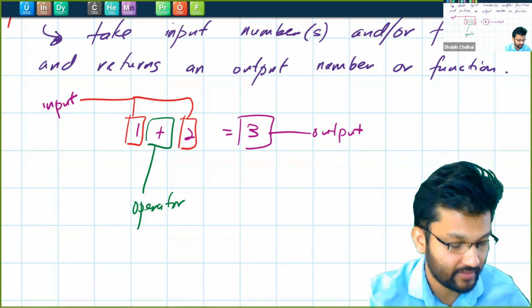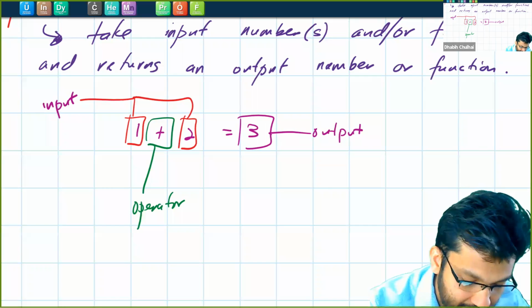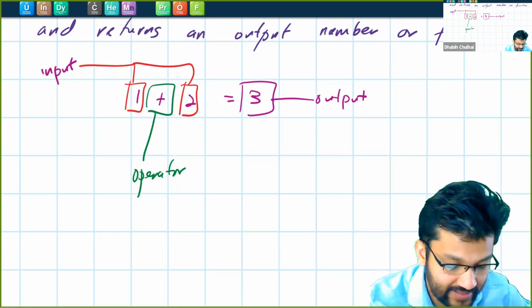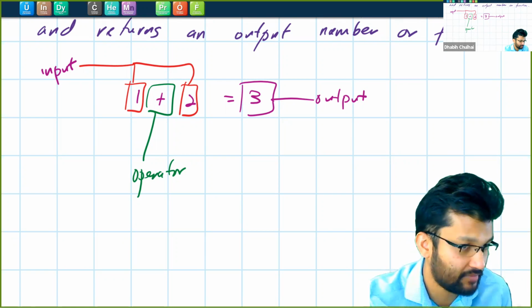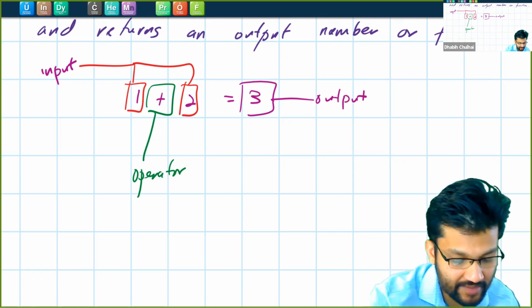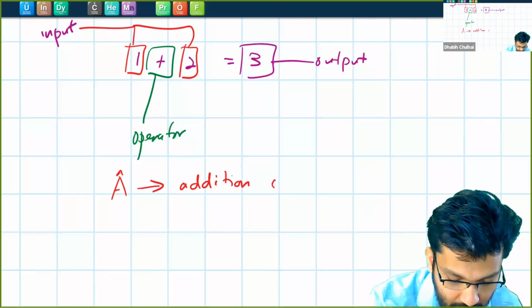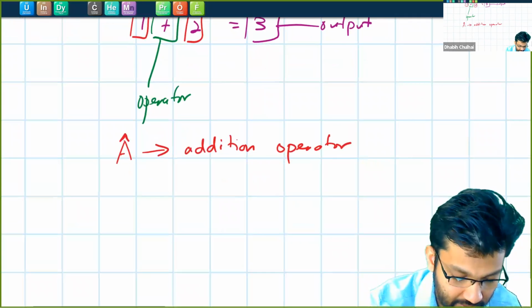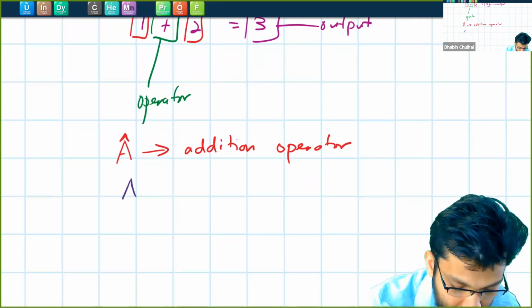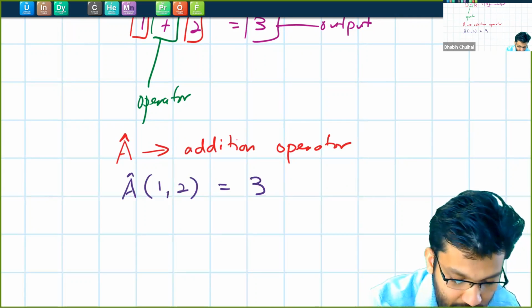Right? That's an operator. Now they could be more complex. For example, instead of writing it as a plus symbol, and we only write it as a plus symbol because we use this so often that we have a special symbol for it. But not all operators have a nice way to write it. So for example, we could call this symbol the addition operator, right? A for addition, with the little hat on it to say that it's an operator. And we could say that this operator takes two numbers, let's say 1 and 2, and it spits out an output 3.